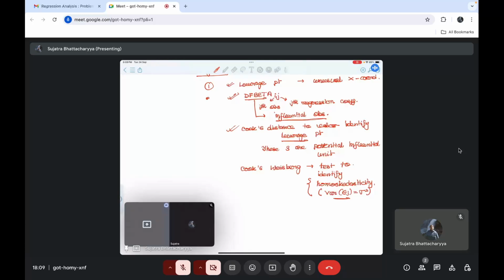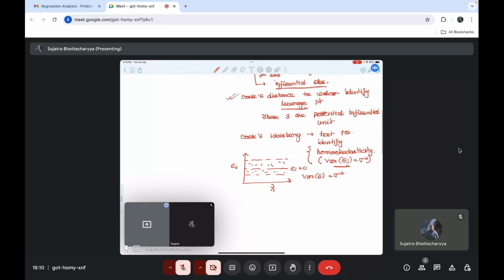It will only tell whether, if you suppose draw a residual plot, like this e_i and say y_i hat, and this is e_i equal to 0, every time we have said that if it is spread uniformly along this e_i equal to 0 line, then we say that the variance of epsilon is equal to sigma square, which is homoscedasticity.